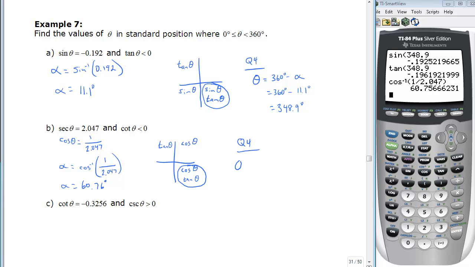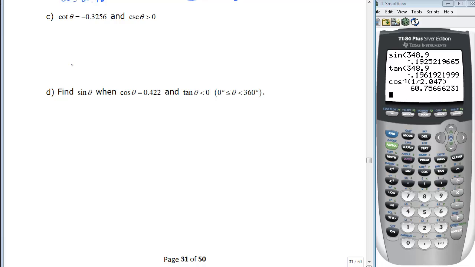And in quadrant 4, our angle is equal to 360 degrees minus our reference angle. That tells me then that theta has to be 299.24 degrees.